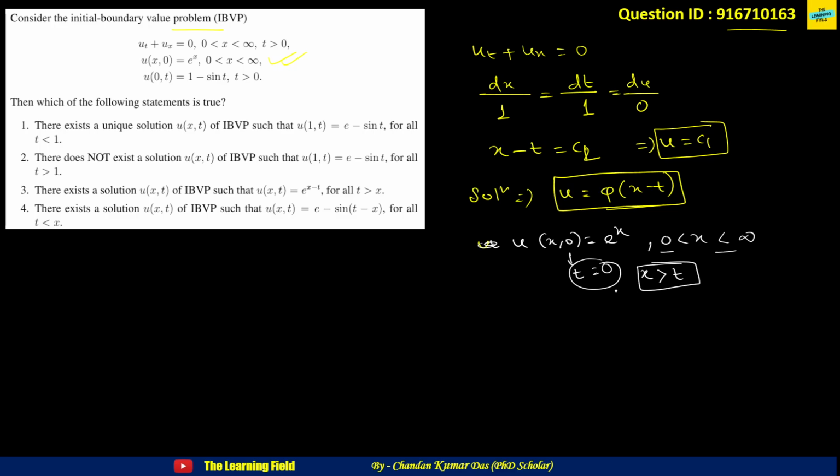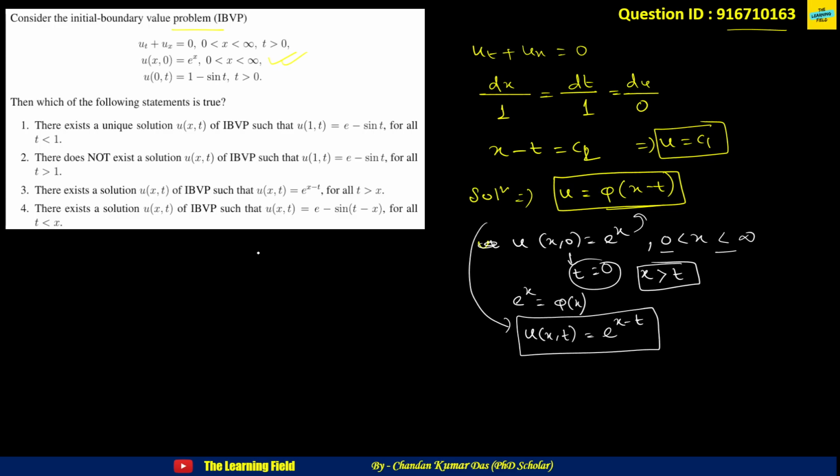This is the first case, where x is greater than t. Applying this, we get e^x = phi(x). After applying the initial condition, the solution becomes u(x,t) = e^(x - t). So this is the case one solution, for x greater than t.